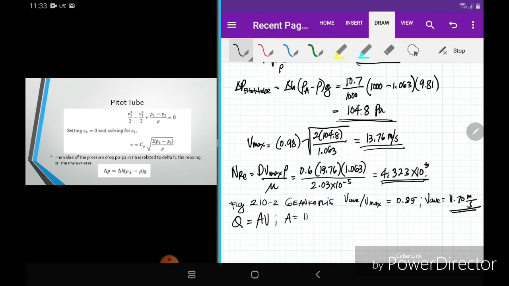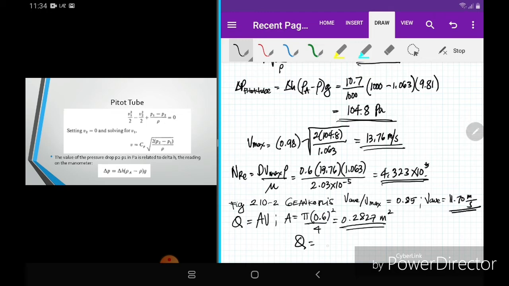So, you have pi, quantity 0.6 meters squared all over 4 is equivalent to 0.2827 meters squared. So, you have your area, tapos meron kang velocity, average, then we can calculate for the volumetric flow rate.